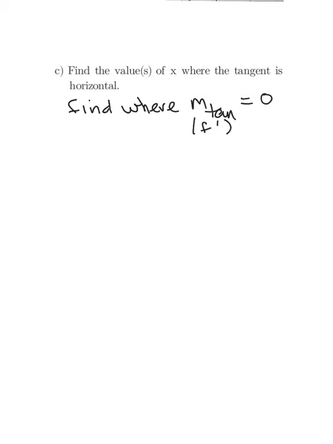Our derivative was 3x squared minus 6x. So we're going to set that equal to 0. To solve a problem like this, notice that we have a common factor of x. So we are going to factor out x, and that would leave 3x minus 6 inside.